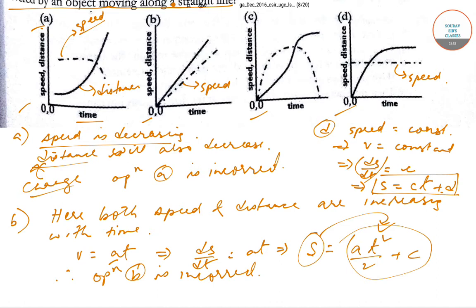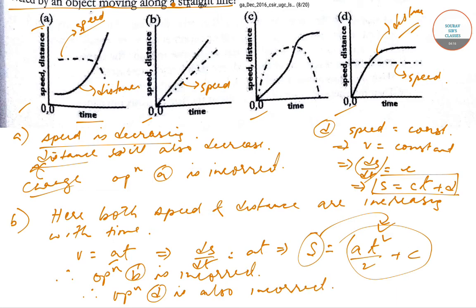So it will be a straight line through the origin. But as you can see over here, the distance curve is not a straight line through the origin but some parabolic curve. The distance curve over here is not a straight line but a parabolic curve. So therefore option D is also incorrect.